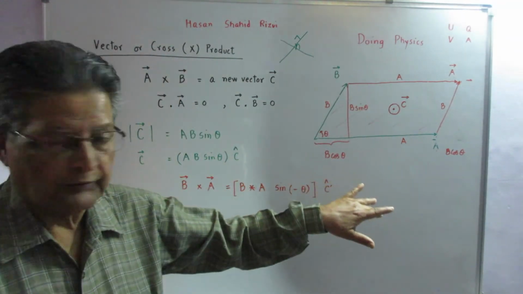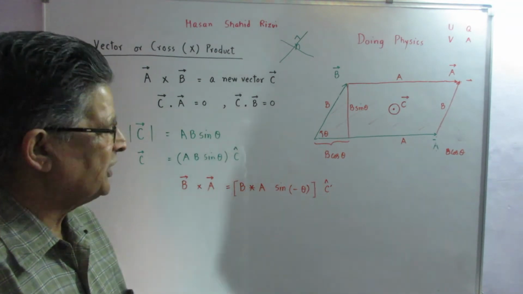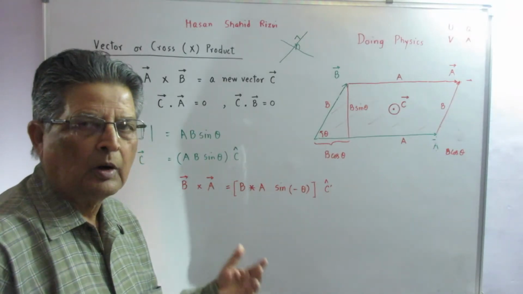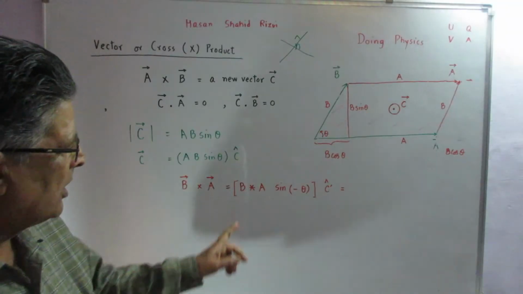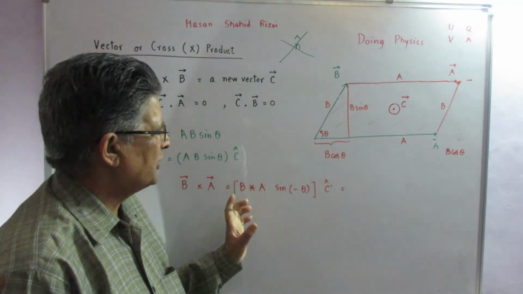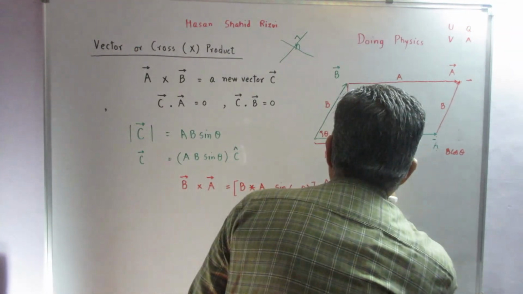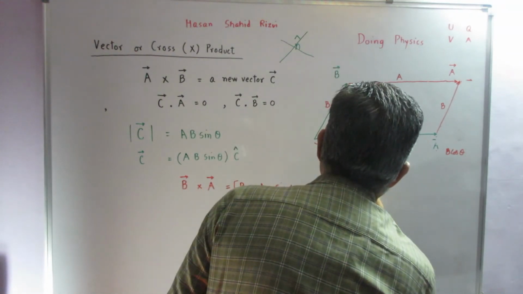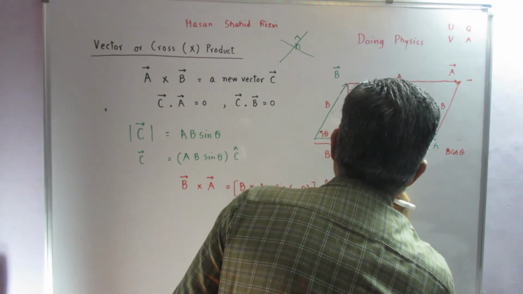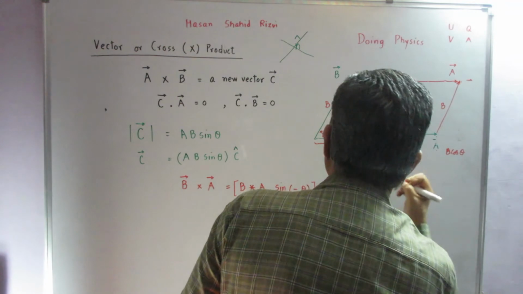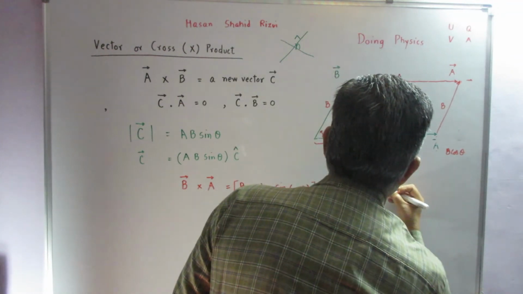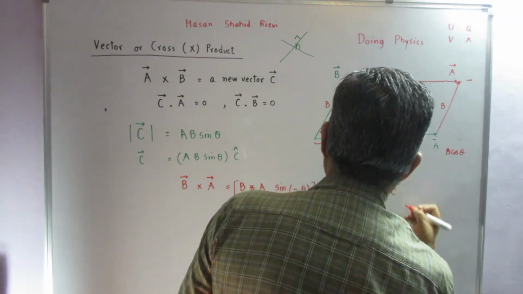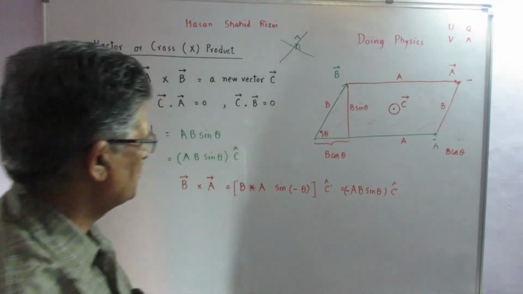So B cross A has sine of minus theta. What is sine of minus theta? Sine of minus theta is equal to minus sine theta. So B into A will become equal to AB into minus sine theta, and this whole thing multiplied by C cap dash or whatever you want to say.